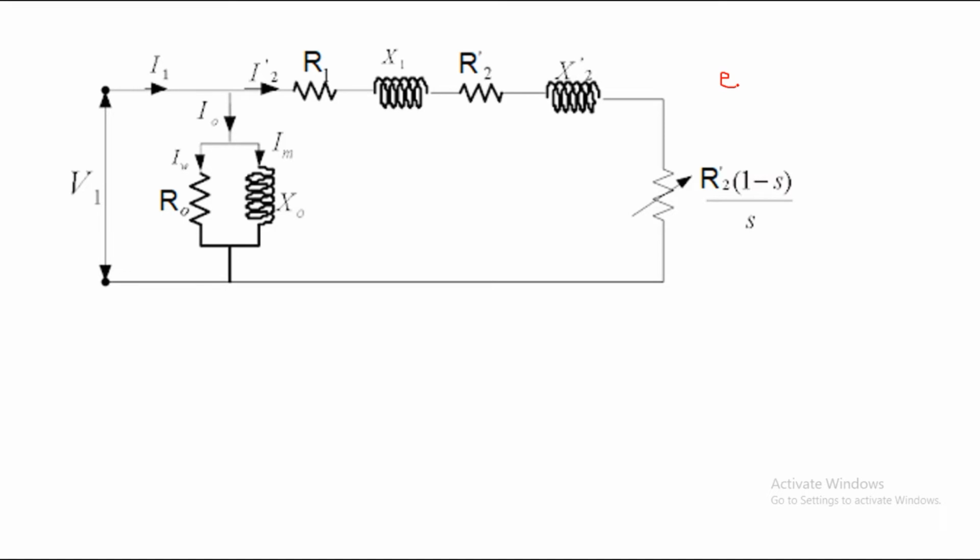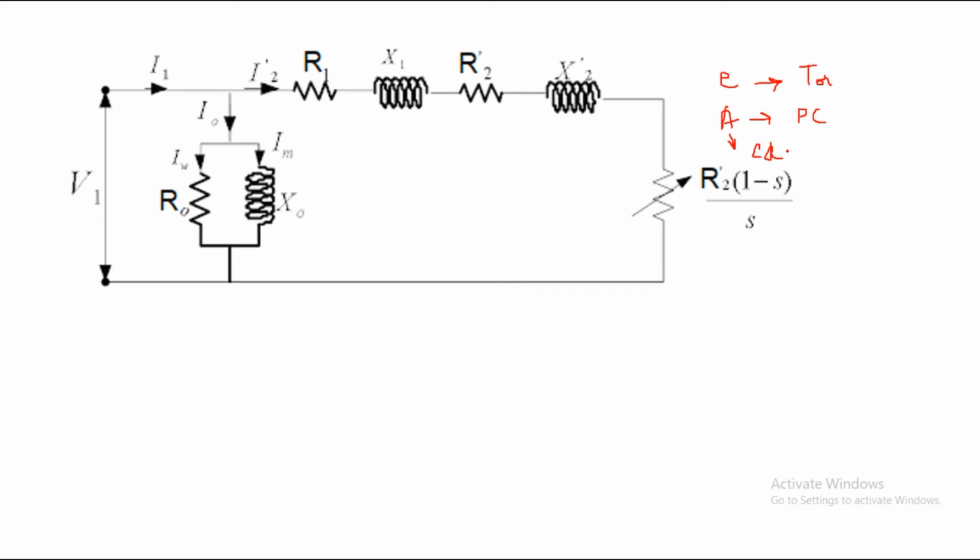First one is the exact equivalent circuit, and its purpose is for obtaining the torque equation. The second one is the approximate equivalent circuit, and its purpose is to obtain the performance characteristics of an induction motor. So by using this approximate equivalent circuit, we are going to draw the circle diagram.